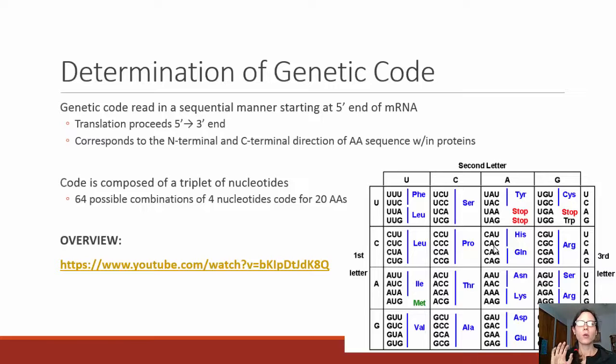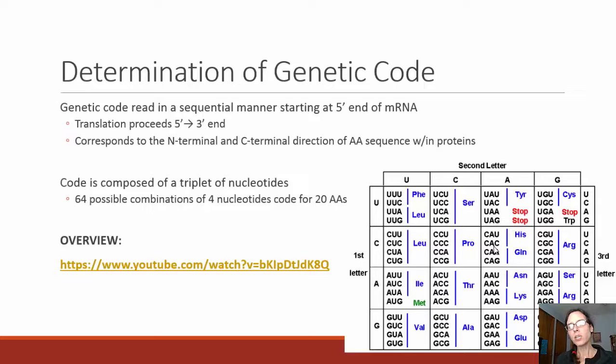With the number of nucleotides that we have and all the different combinations we could have, we have 64 possible combinations of nucleotides. I'm sorry, this should say 3 nucleotides, not 4 nucleotides. And we have 20 amino acids, so you can see there's some duplication.